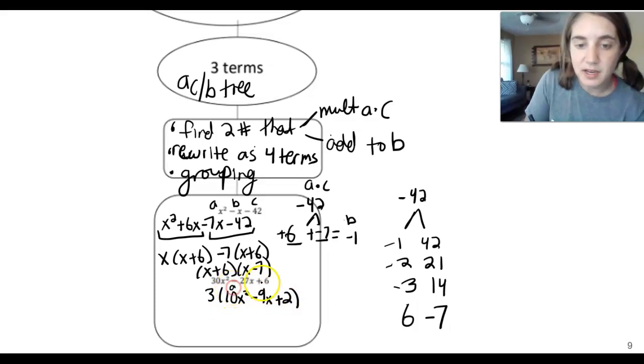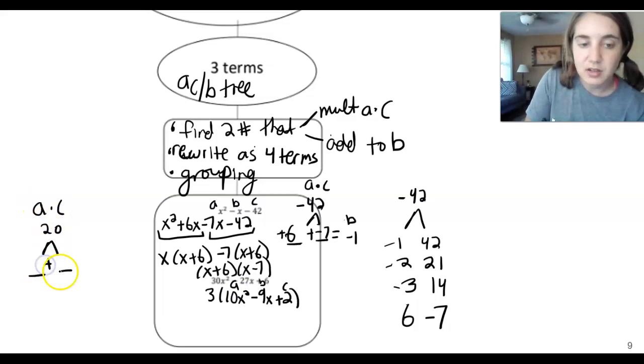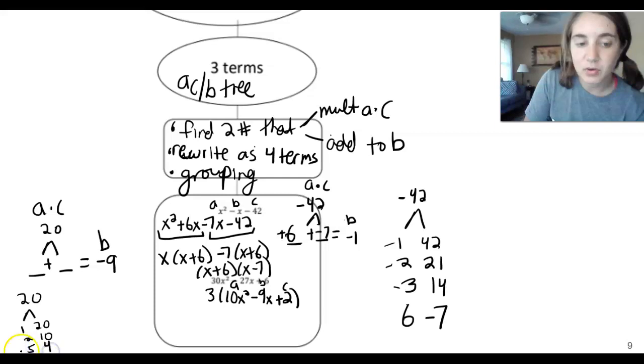So there's my A, B, C. A times C is 20. Which numbers multiply to 20 but add to my B of negative 9? 1 and 20, 2 and 10, 5 and 4. I can make the 5 and 4 both negative.